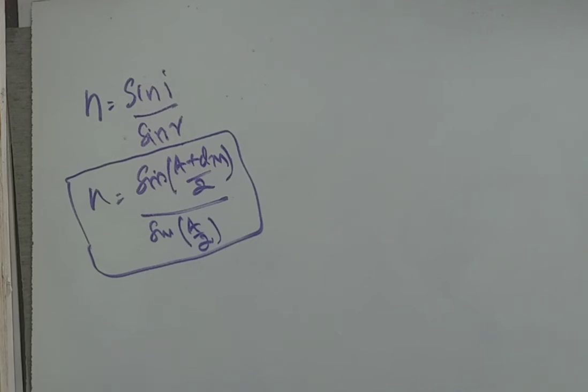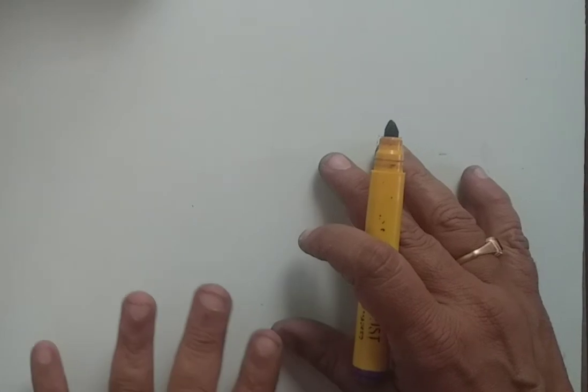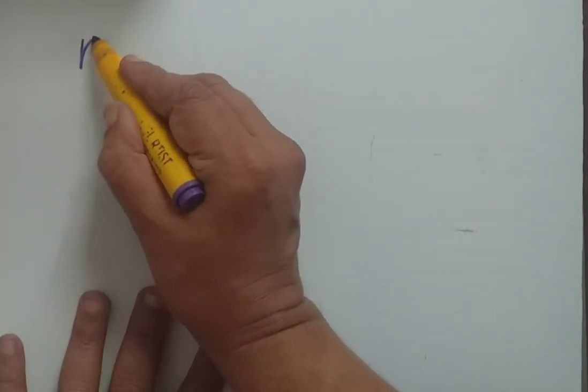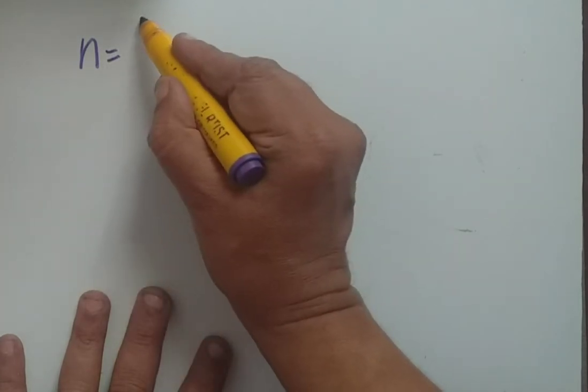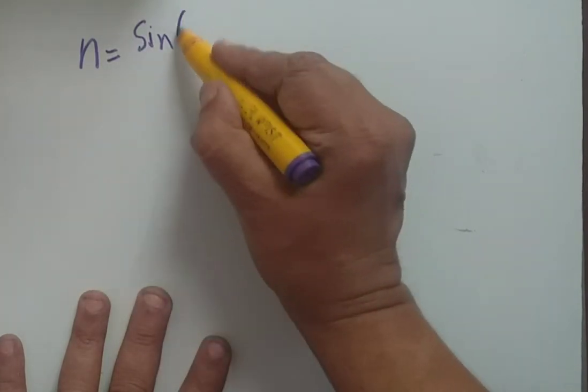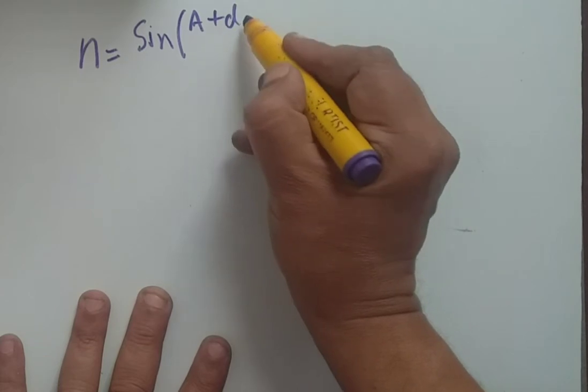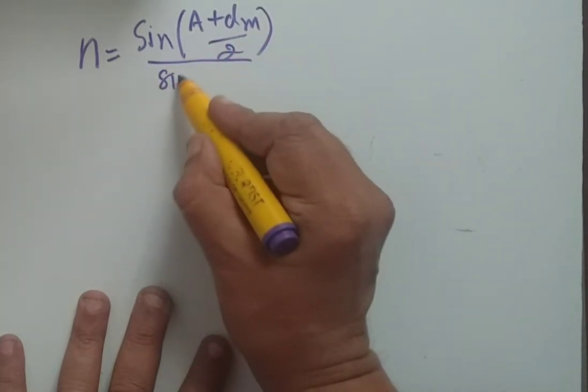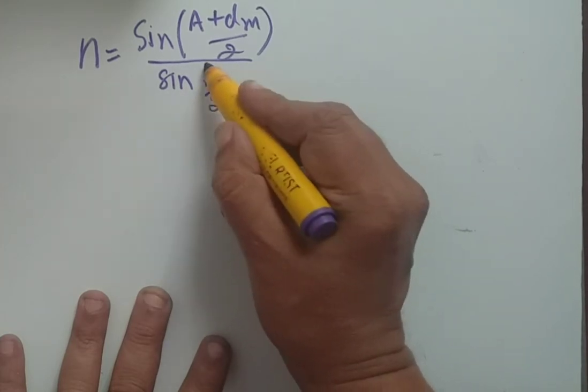This is the derivation what we wanted to do now. We write the prism formula once again and we learn a new concept. Say n equals sin of A plus dm by 2 divided by sin A by 2.